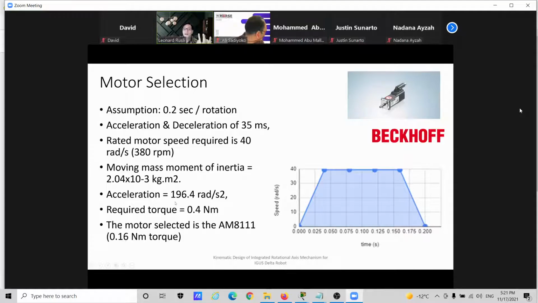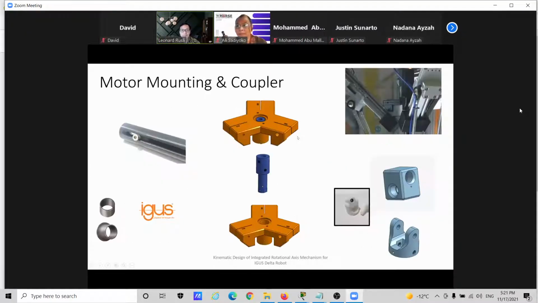Therefore, the torque for the acceleration and deceleration needed, assuming no friction, because it is insignificant compared to the acceleration and deceleration, the required torque for the servo will be 0.4 Newton meters. The motor selected then is the Beckhoff AM8111, which delivers 0.16 Newton meters of torque, which is plenty adequate for our needs.